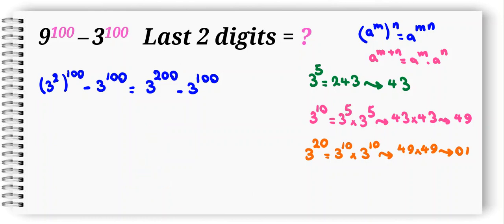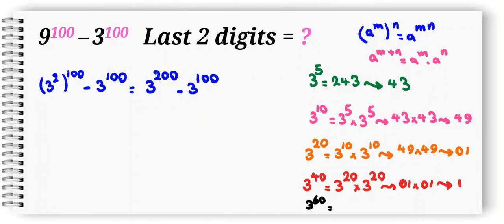So because of this, in the next step, 3 to the 40, for example, equals 3 to the 20 times 3 to the 20, which is 01 times 01, which is 1 again. So 3 to the 40 ends in 1. 3 to the 60, if we calculate, again we will see it's 1. Why? Because 3 to the 60 is 3 to the 40 times 3 to the 20, again 01 times 01, which is 1.